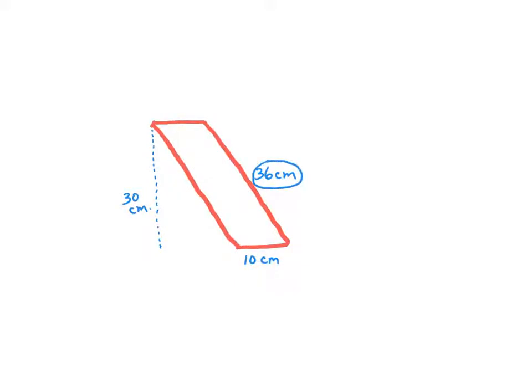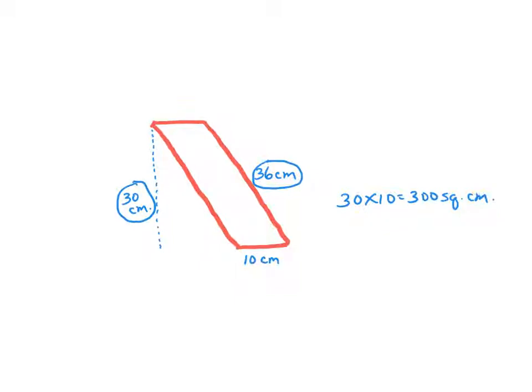But once again, that's not the height of this parallelogram. The height of this parallelogram is 30 centimeters because it goes straight up from the base. So in order to find the area of this, I would be multiplying 30 times 10. 30 times 10 gives me 300, and my final answer would be 300 square centimeters.